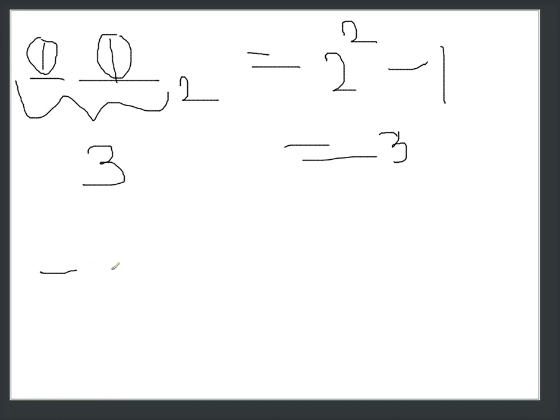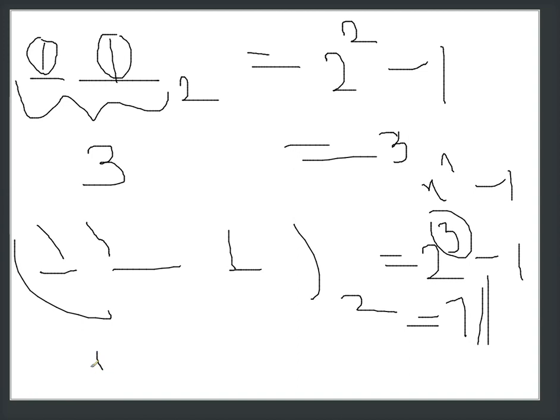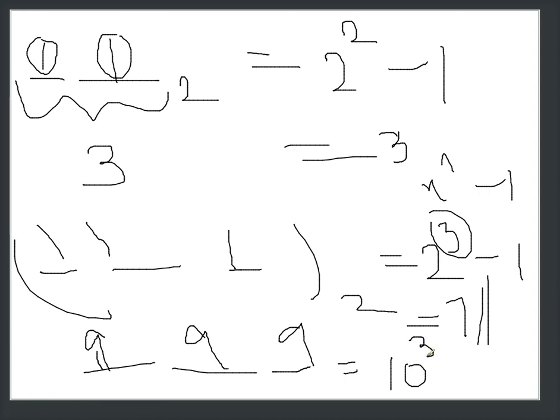So if I have 3 positions in binary, the maximum value I can get is 1 1 1, which is 2 raised to the number of positions, that is 3, which is our n in x raised to n minus 1. And if I have 3 positions in the decimal system, the largest number I can make is 999.